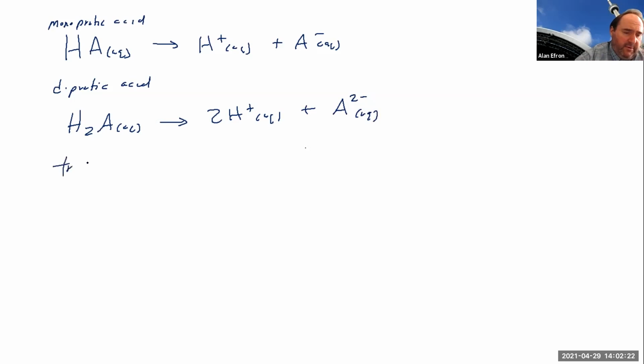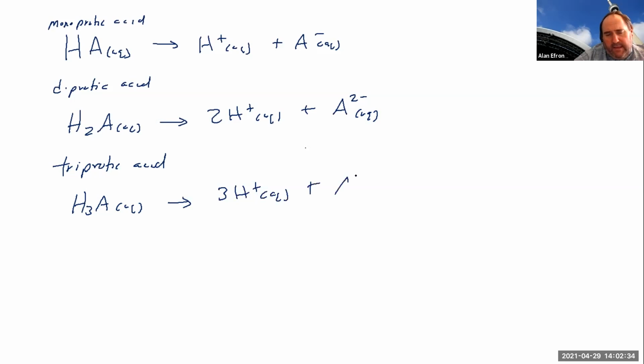And we have a triprotic acid, which you could represent by H3A. 3 H plus come off, and the A here would have a -3 charge.